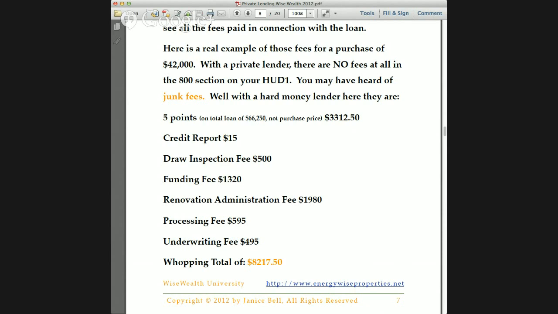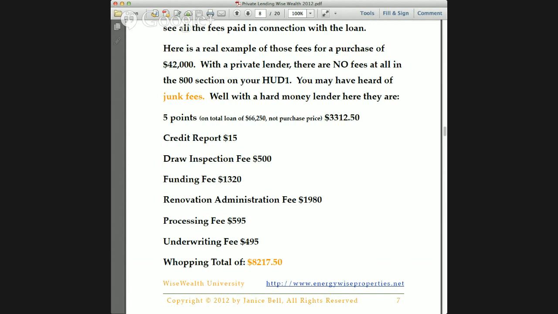They're not the one doing the rehab. They're the one lending the money. So all of these fees disappear. In fact, there's no processing fees or underwriting fees, credit report, or anything, because they're a private money lender. And so that is really one of the best ways to obtain money for your deals.